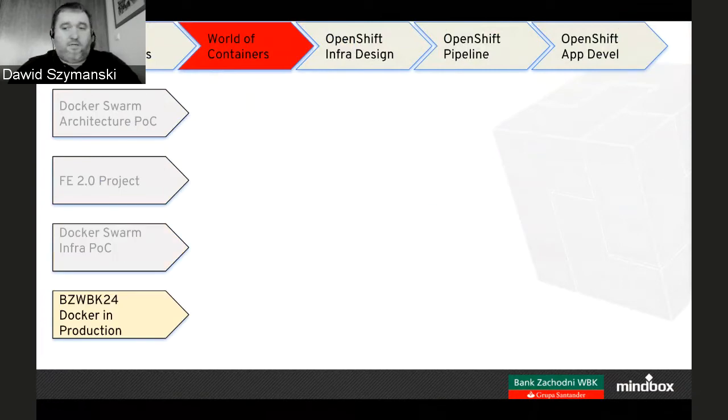And we also had, and it was the biggest fun for us, to find that we have Docker in production already in our online banking platform. So we had this Frontend to Zero project, which was a business project for a new front-end application for our branches. We had a few POCs and we had pure Docker containers, Docker engines in production.